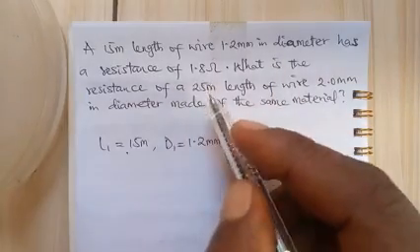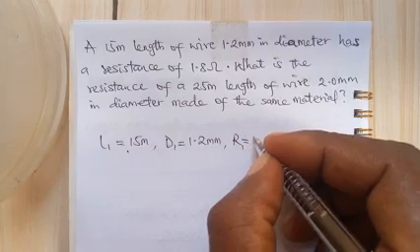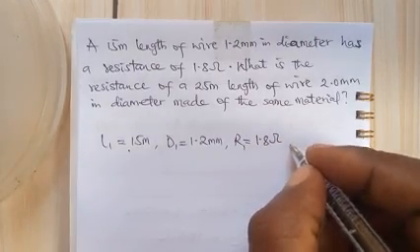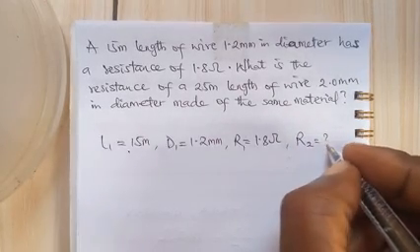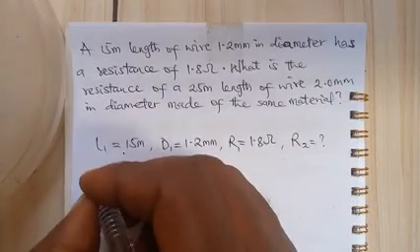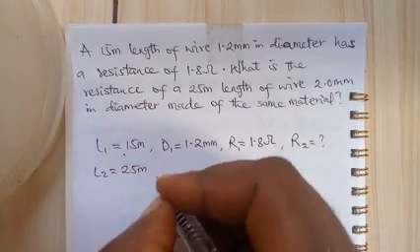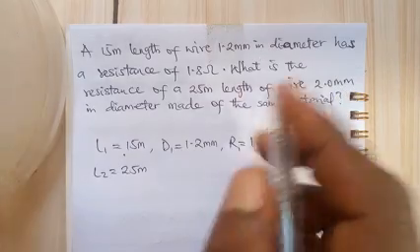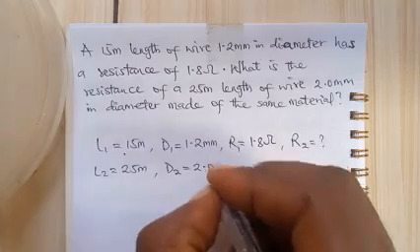The first resistance R1 is 1.8 ohm. What is the resistance R2? We don't know. L2 is 25 meter and diameter D2 is 2.0 millimeter.